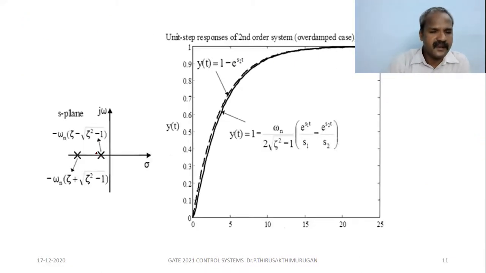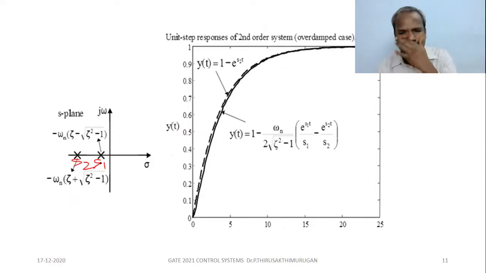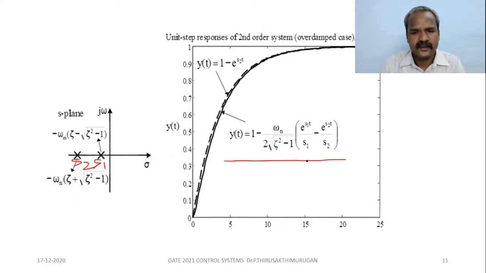So you see here, there are two poles lying on the left half of the s-plane, S1 and S2. So this is the response of the second order overdamped case. Clear?